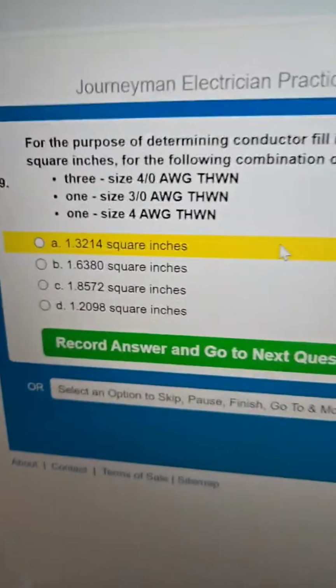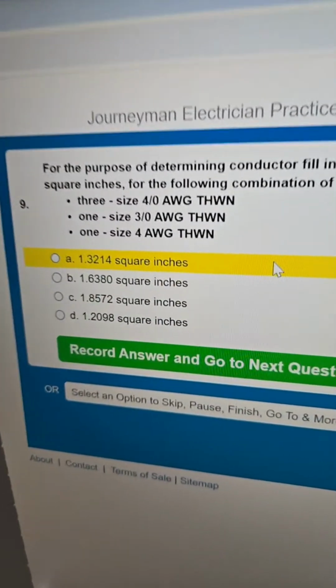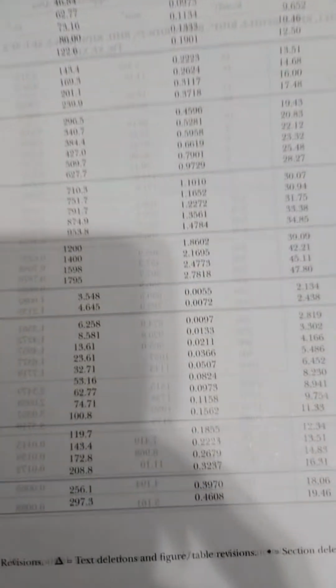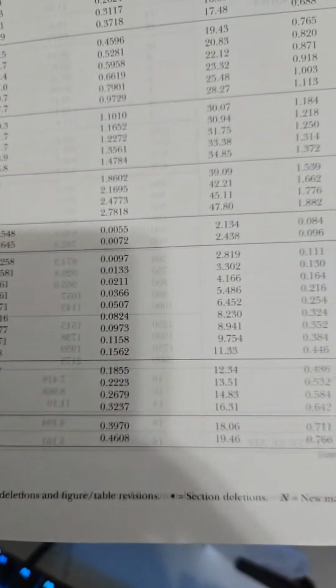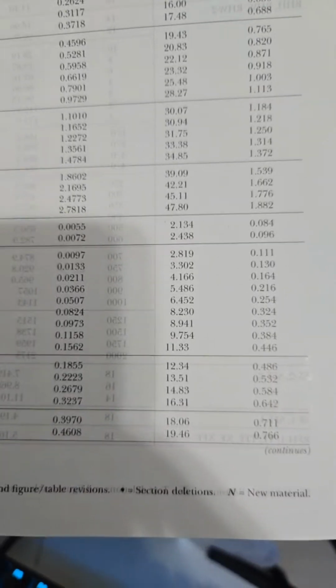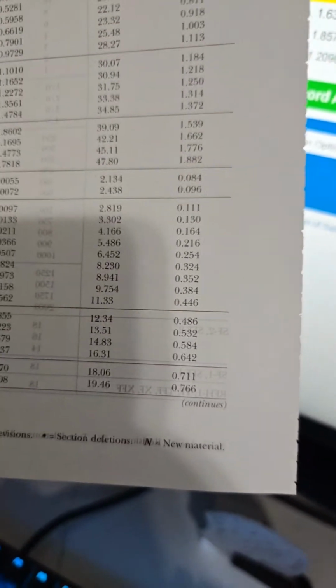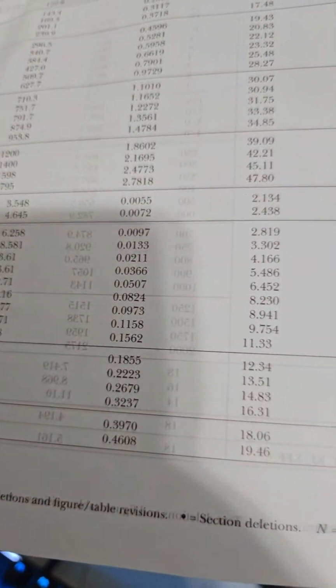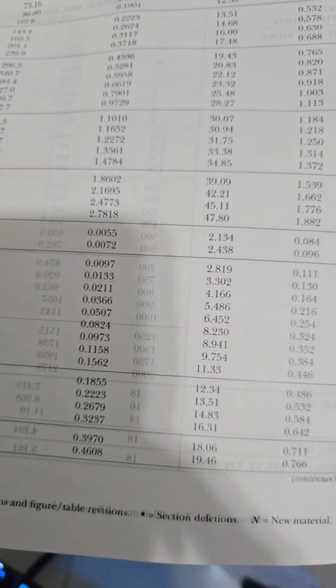That's convenient. Okay, we got 4/0, 3/0, and number 4. 3 4/0 is a 0.3237, so that's 0.9, okay, so we got 9.6-ish. 9.6 plus a 3/0 is a 0.2, 9, 10, 11.